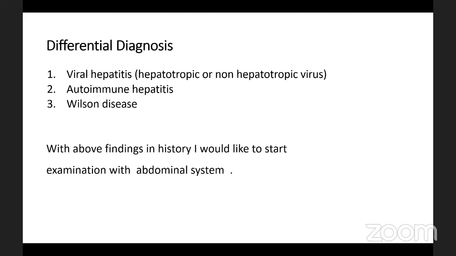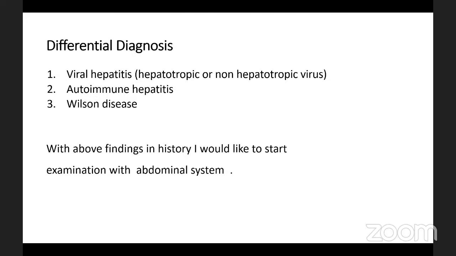So what history will suggest that the child may have a non-hepatotropic virus? If non-hepatotropic, it may present with splenomegaly, ascites, or other symptoms of hemolysis, encephalopathy and coagulopathies, persistent fever followed by jaundice, or any GI manifestation.